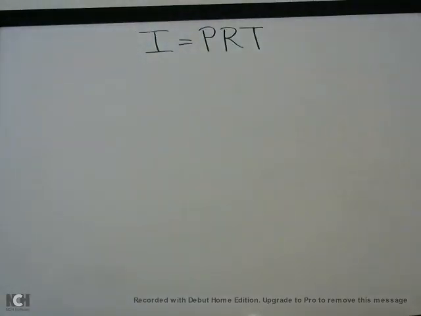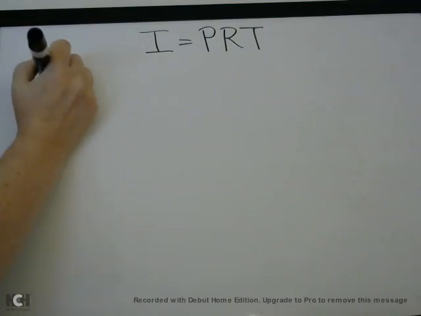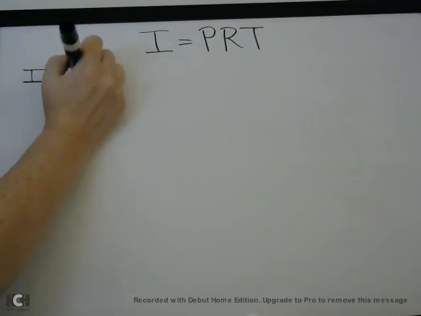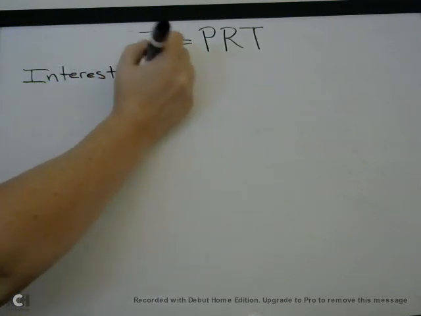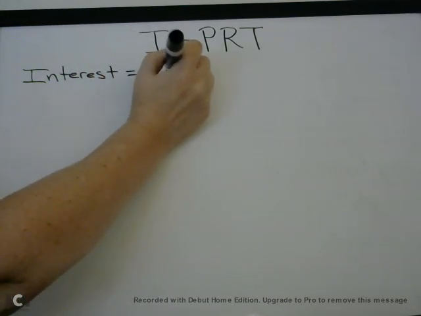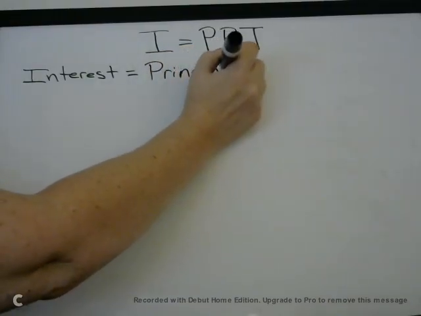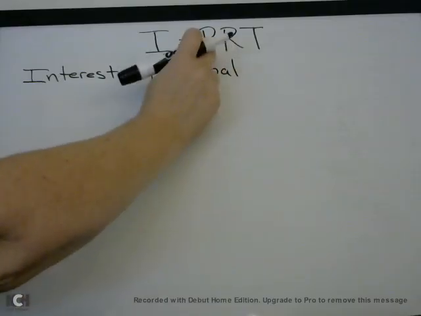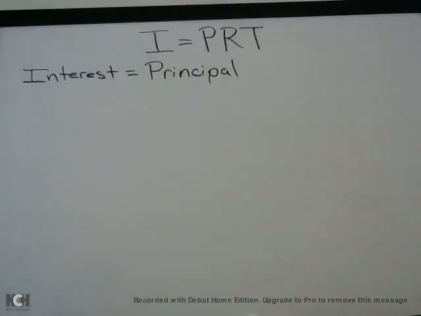And so what this stands for is I stands for interest. P stands for principal. Now, remember when you have three variables written right next to each other, or any variables written right next to each other, that implies multiplication.